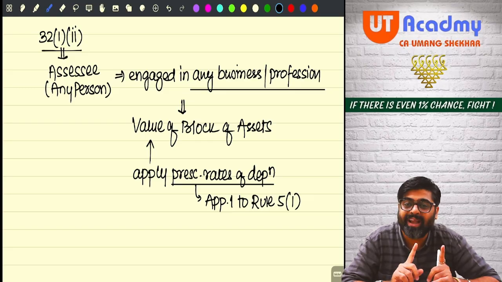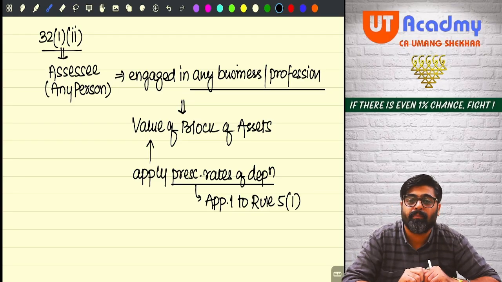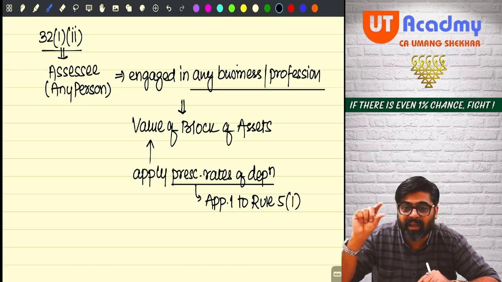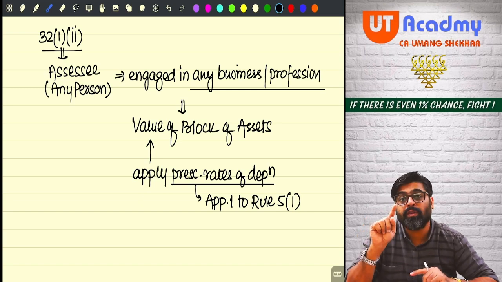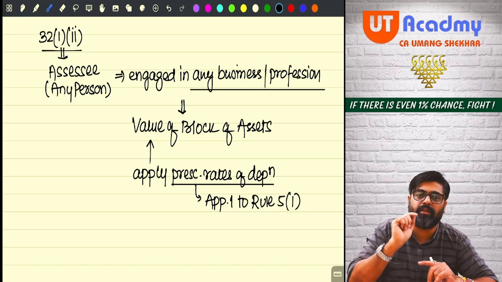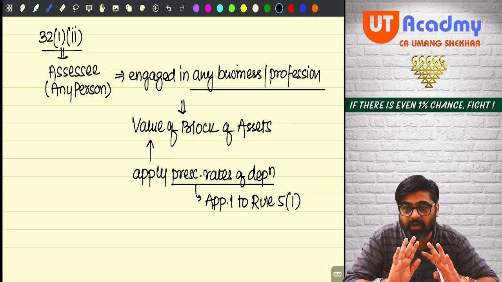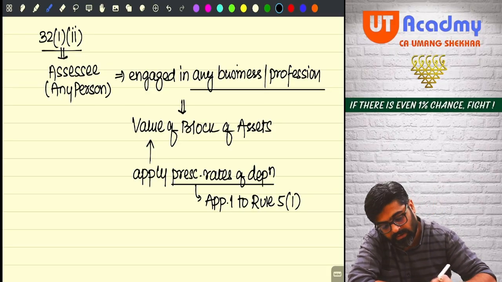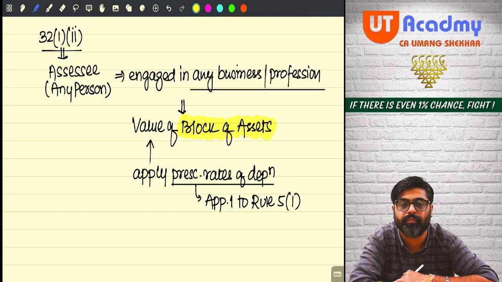Now see, you cannot apply those rates which are given in Appendix 1A because those rates are for a single asset. On the actual cost of this asset, apply this. Here you are supposed to take a block of assets.